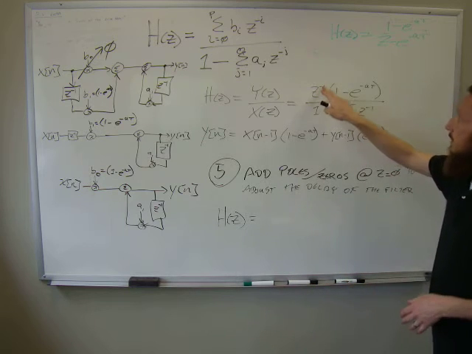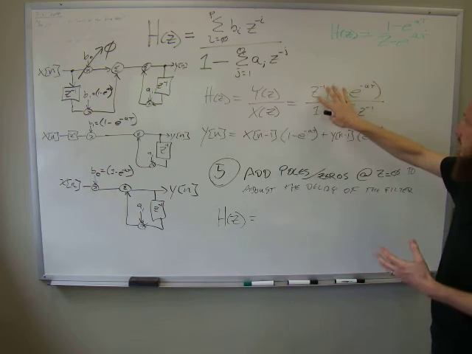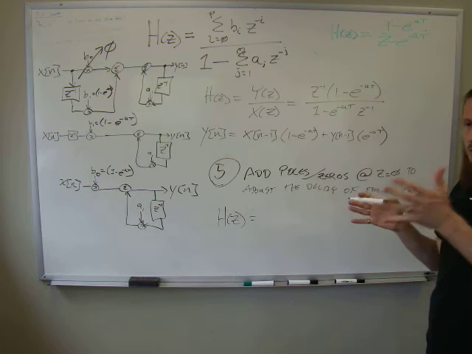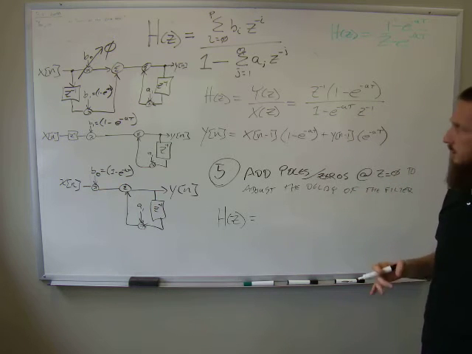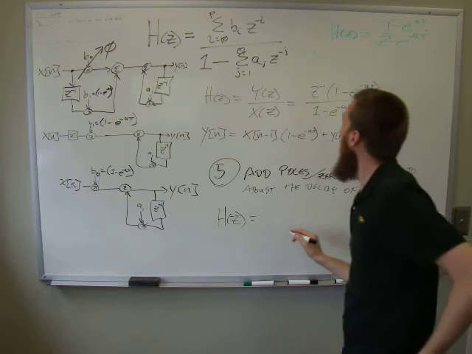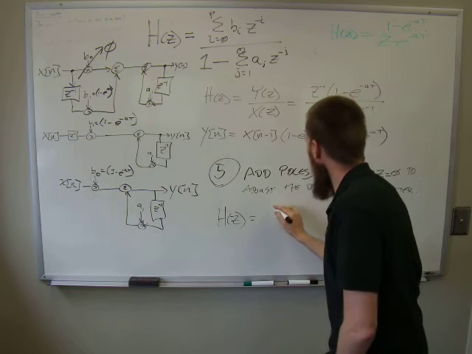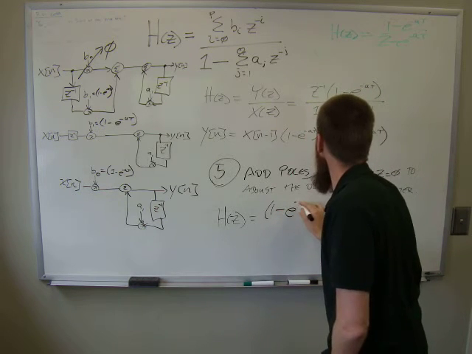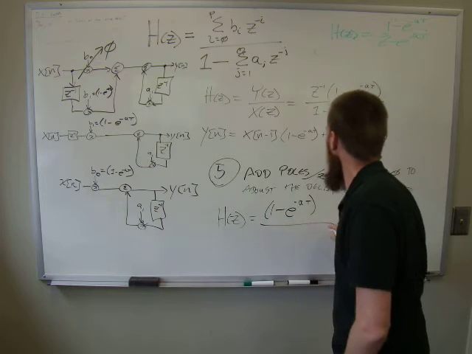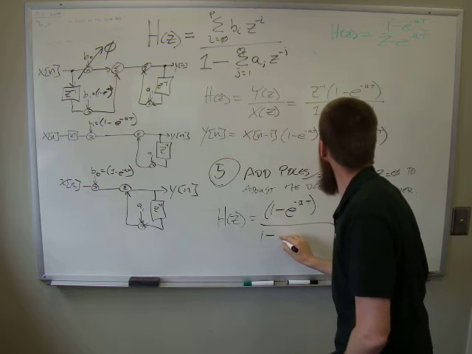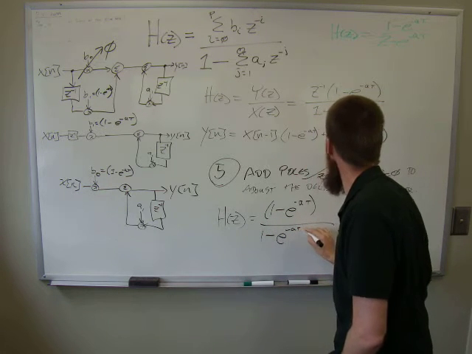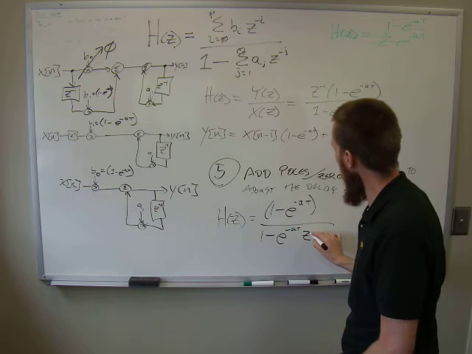If this is a z to the minus 2, that's the first thing we see in the numerator. We can get rid of 2 z's. Right? Okay, so h of z is now going to be equal to 1 minus e to the minus at divided by 1 minus e to the minus at, multiplied by z to the minus 1.